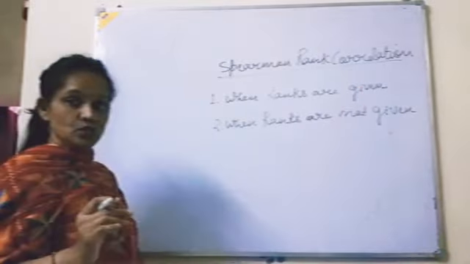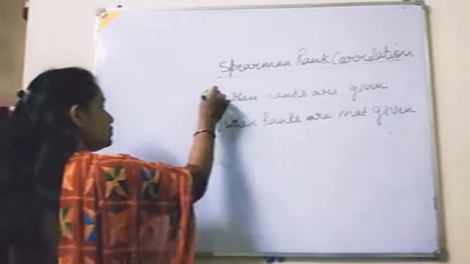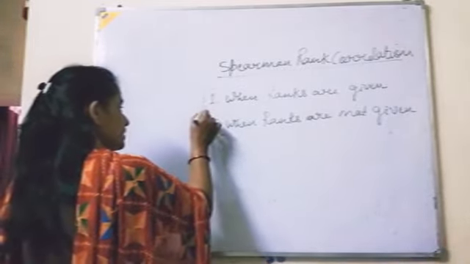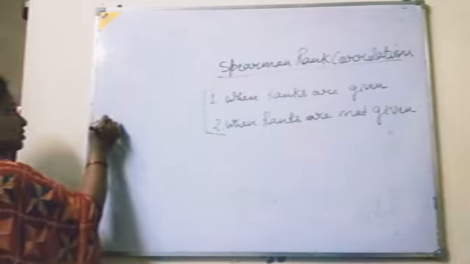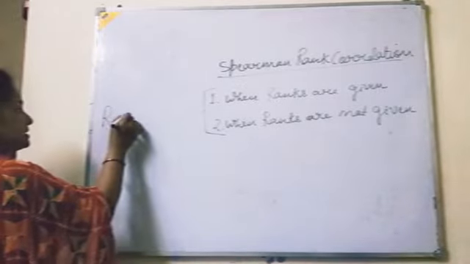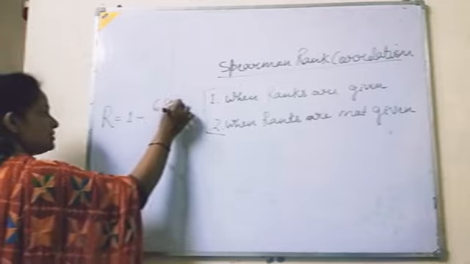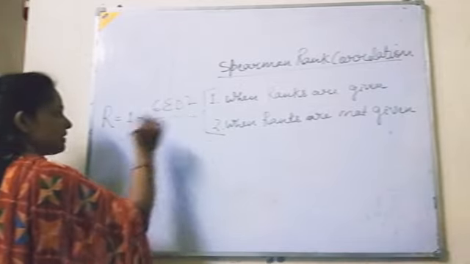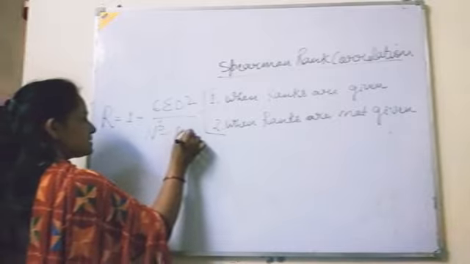For the first two, that is when ranks are given and when ranks are not given, we will use a common formula. What is the formula? Rank correlation is represented by capital R. The formula is R equals 1 minus 6 summation D square divided by n cube minus n.